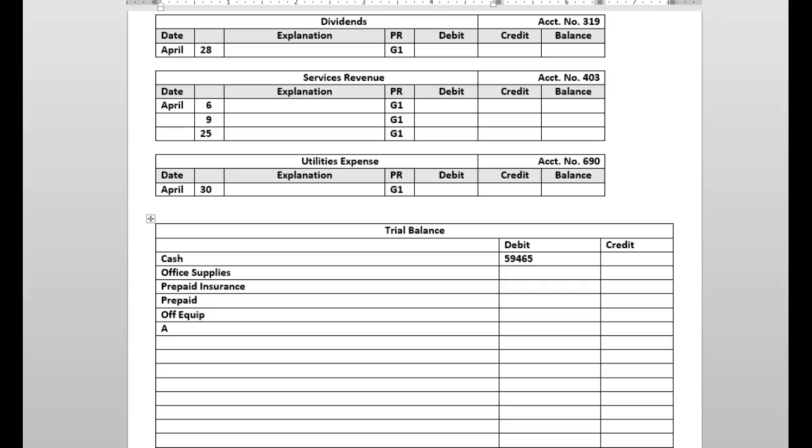Accounts payable, what's that going to be? That's a liability. So this is where you're going to start with liabilities. And liabilities have credit accounts, correct? Common stock, that's got a credit balance. Now we come down to dividends, and dividends come over and have a debit balance.